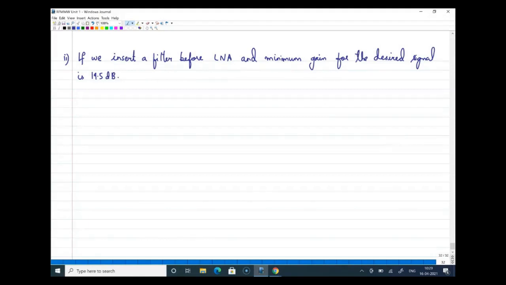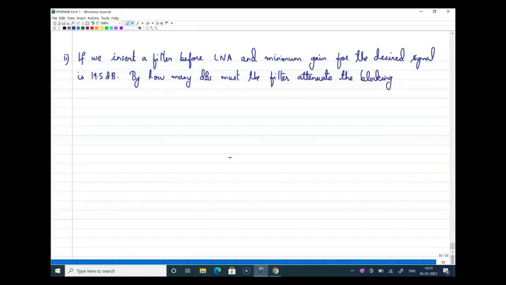Given that there is filtering and the minimum gain for the desired signal is 19.5 dB, the question is by how many dBs must the filter attenuate the blocking signal?